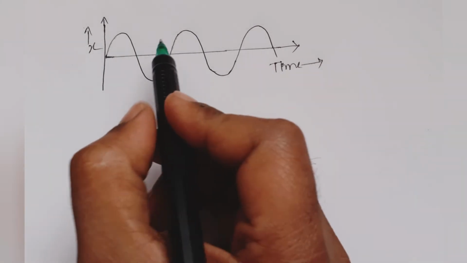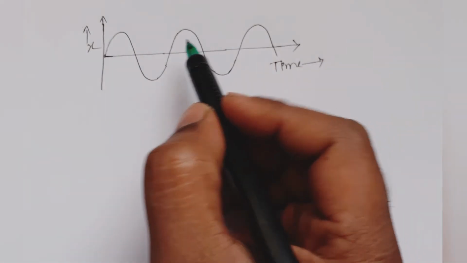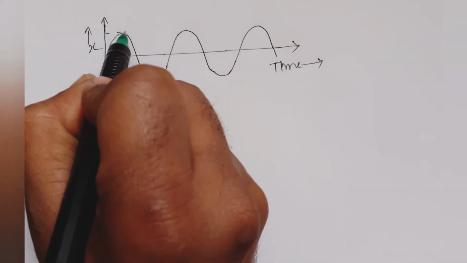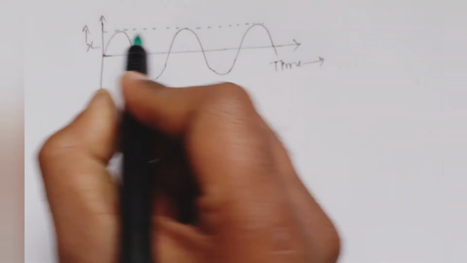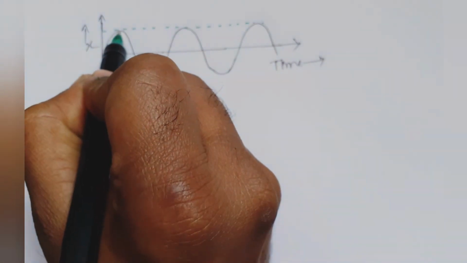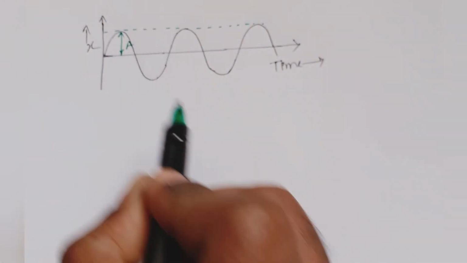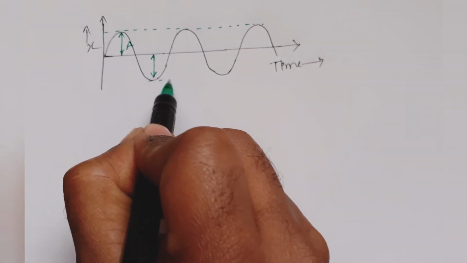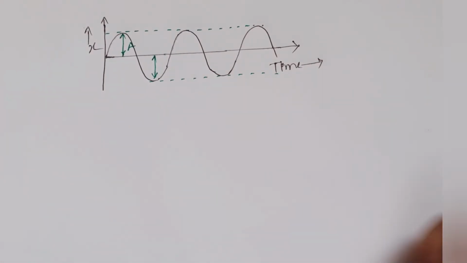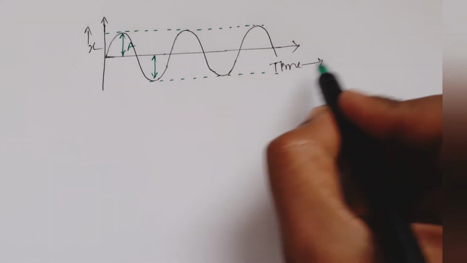As we said, the amplitude is undiminished, that means the amplitude is constant throughout the oscillations. So here also the amplitude is constant, and the time of oscillation is infinity.